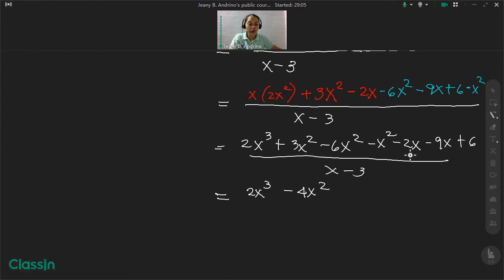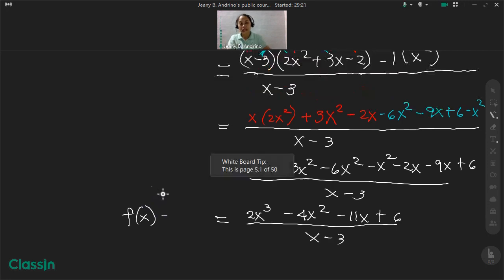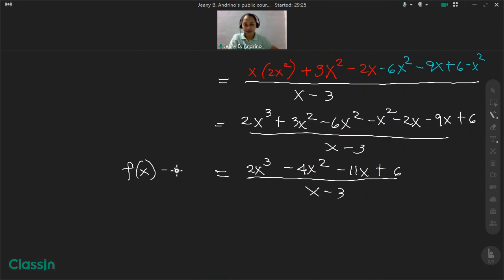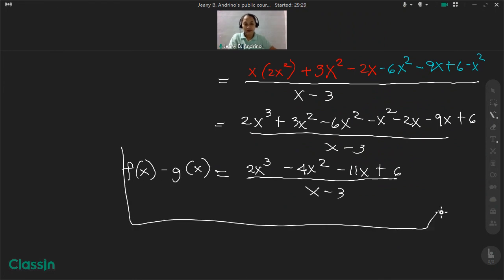And then we go for negative 2x minus 9x. That's negative 11x plus 6. That's over x minus 3. So that is now our f of x minus our g of x. That's it. So I hope you were able to learn something.